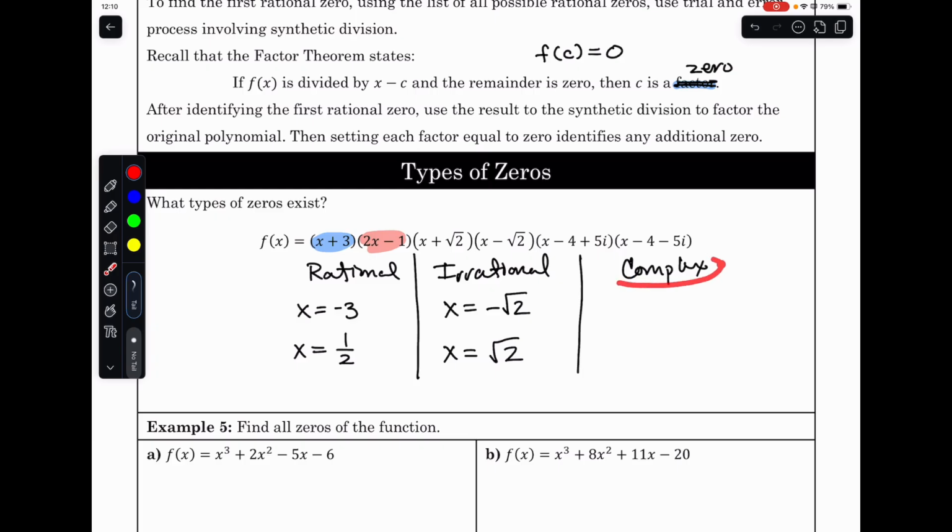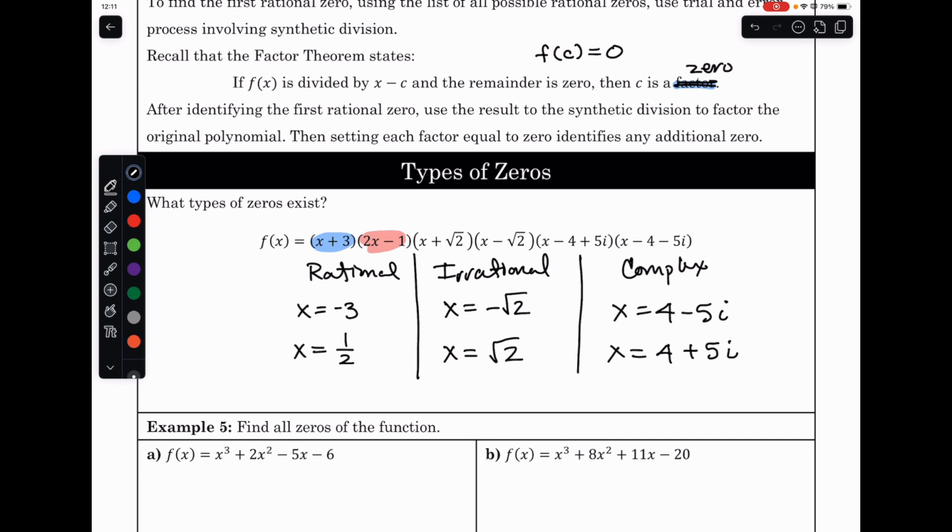And like I said, that same thing is going to be true with our complex numbers. So for this right here to become 0, we would have to get the opposite of this complex number. So x will equal positive 4 minus 5i. And for the last parentheses, that would have to be positive 4 plus 5i.